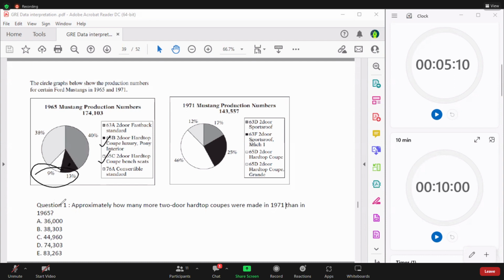So this here is 21%, and 21% of this would be somewhere around 35,000. Now, let's see for this. The hardtop group is here.